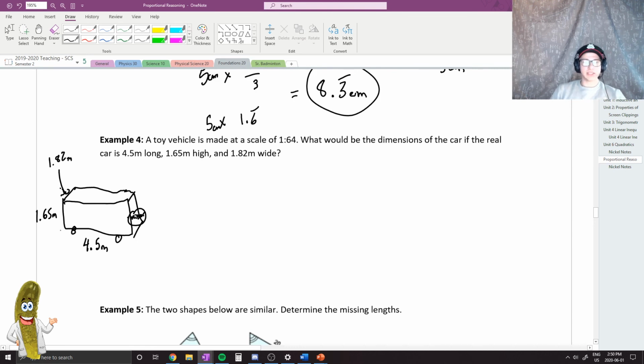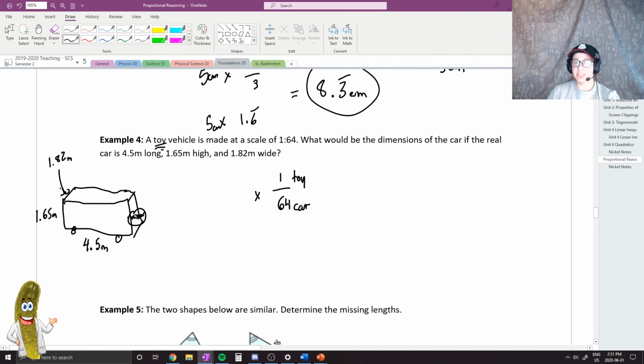So, toy vehicle is made at a scale of 1 to 64. What would the real dimensions be? So, we can think of these ratios as fractions as well. We could think of that ratio as 1/64th of the size, or we could think of the car being 64 times bigger than the actual toy vehicle itself. And so what I'm going to do with these values is, because I have the actual car value, we know that this is the car and then this is the toy.